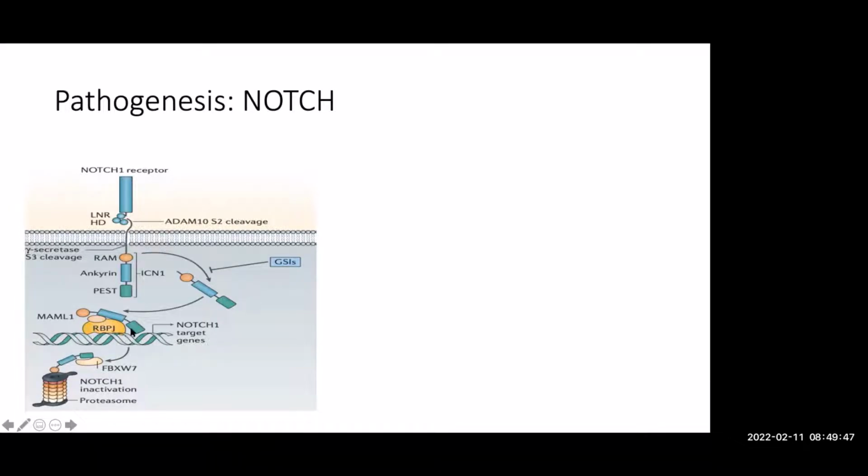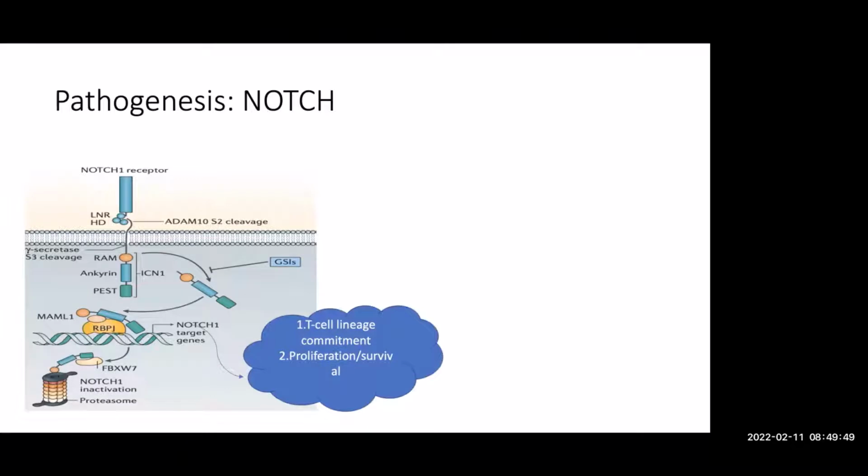Upon binding, the Notch target genes help in T cell lineage commitment, T cell proliferation, and survival. The other important gene is the FBXW7 gene. This is the gene which, through proteasomal degradation, inactivates the activated Notch.